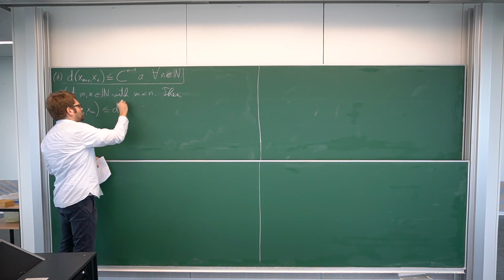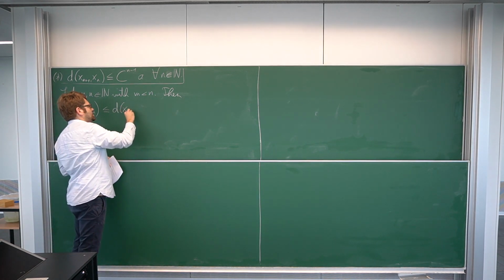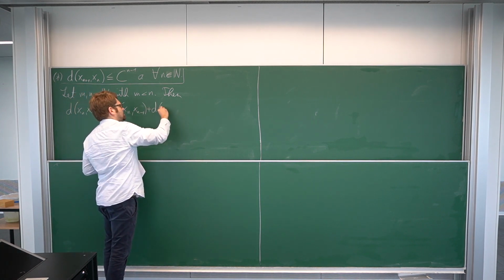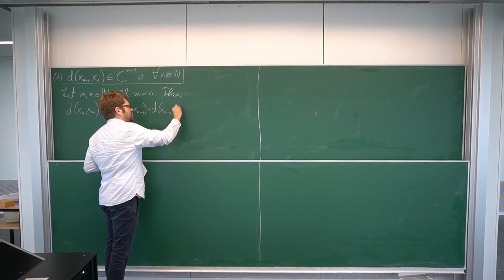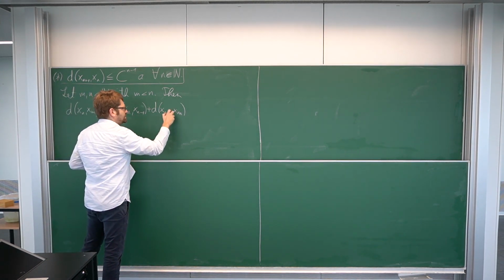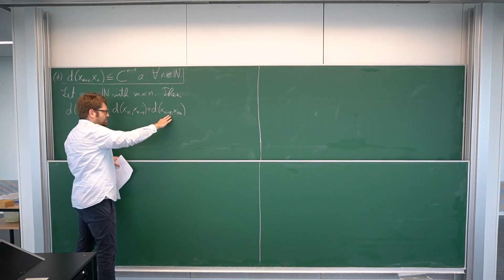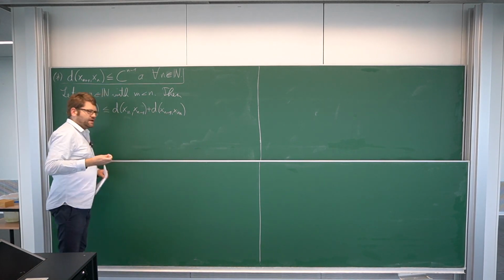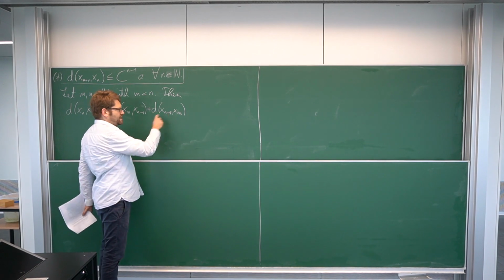By the triangle inequality, this is smaller than or equal to d(x_n, x_{n-1}) plus d(x_{n-1}, x_m). So here we have two subsequent elements, and here we have still different indices, but we lowered this index, and we can just do this again and again, applying it now to this term, until we really reach m plus 1 here.